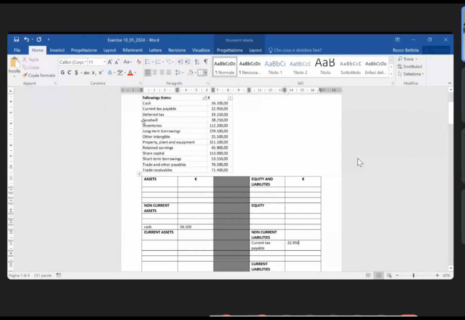What we say is that deferred tax is a non-current liability. So let's put non-current liabilities here. Goodwill. It will be non-current assets. Non-current asset. Okay, very good.